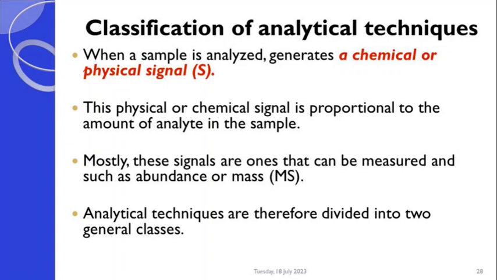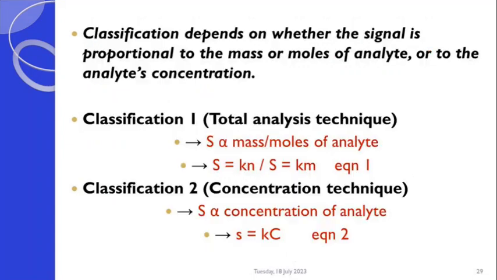Techniques are therefore divided into two classes. Now we are saying that if we are dividing these techniques into two, it is done based on whether the signal is proportional to the mass or the number of moles of the analyte, or is proportional to the concentration of the analyte.